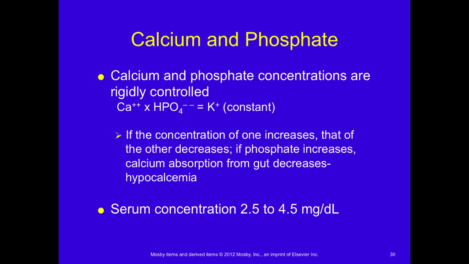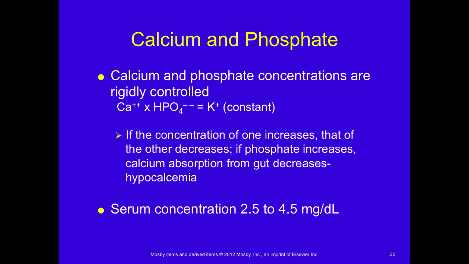Okay. Calcium and phosphate. So this is another pattern, another relationship that I want you to know. So how are these guys related to each other? How do they affect each other? So the key is that they're inversely proportional. So again, they are inversely proportional.